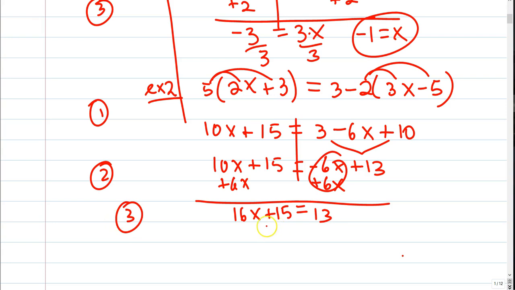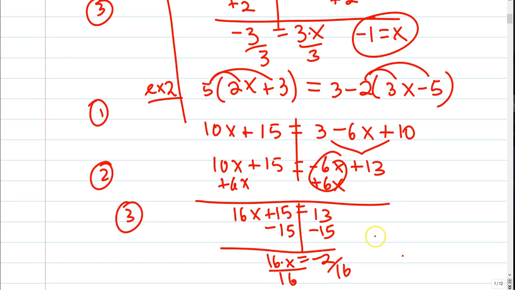Undo the adding by subtracting. Undo the multiplying by dividing. Do not leave your answer like this. Make sure you simplify to, looks like negative 1 over 8. Let's keep going.